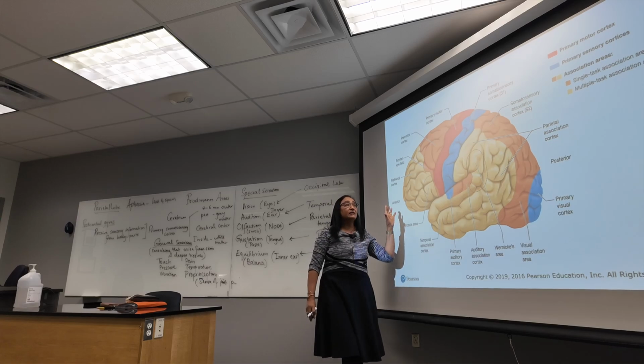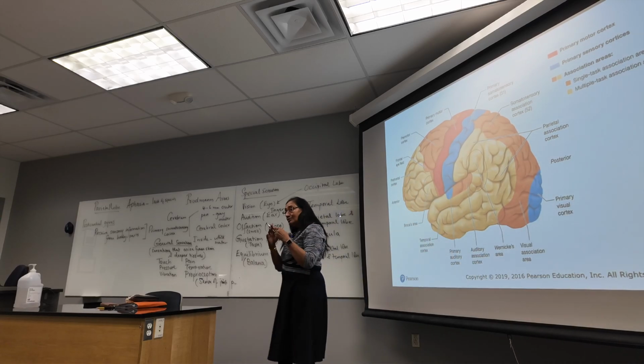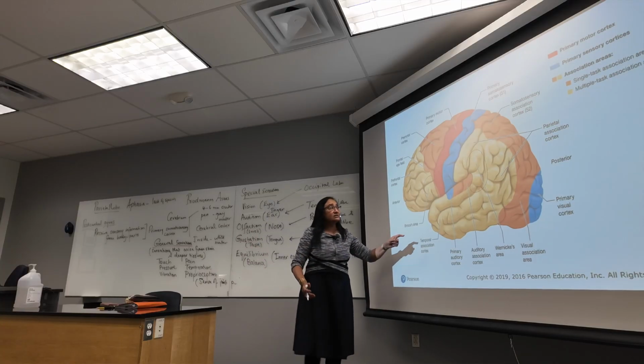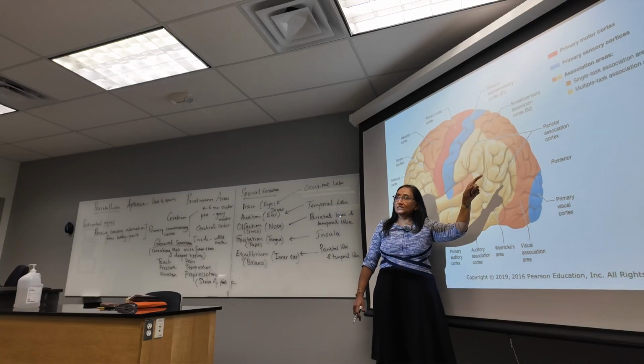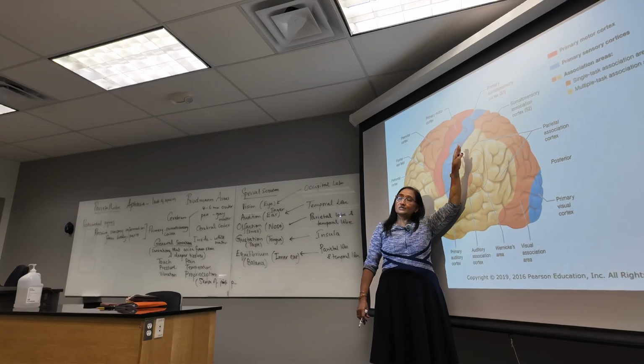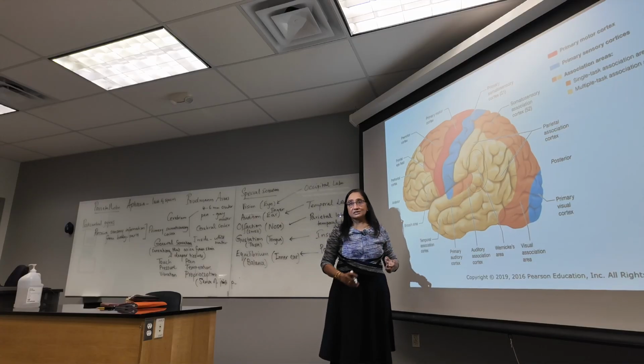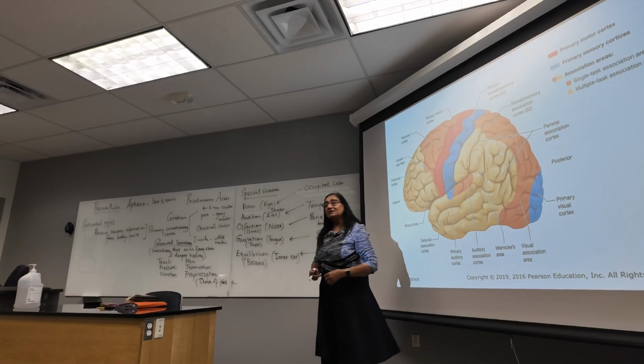He has studied it and numbered all the areas. We are not looking at all the Brodmann's areas, just some of the important ones. I don't expect you to remember the numbers, but just remember where each is located and what the importance of these areas is. All of this has been studied.